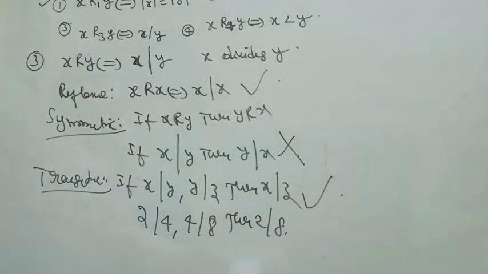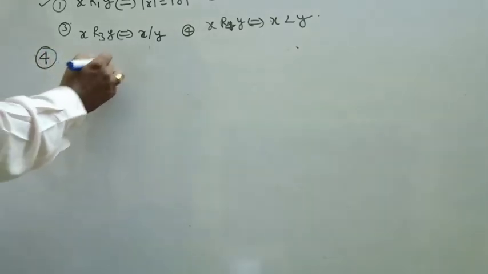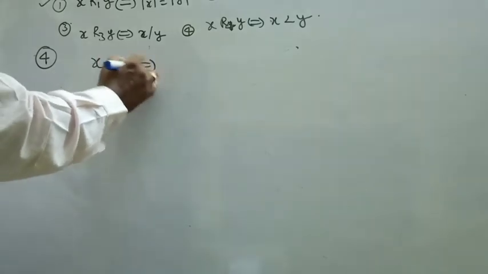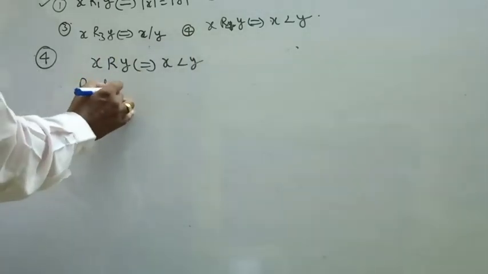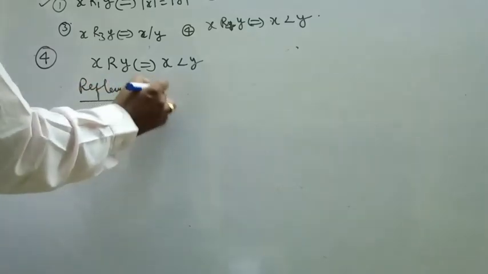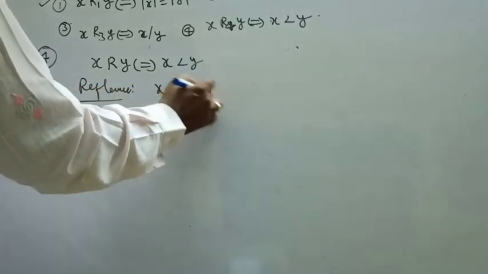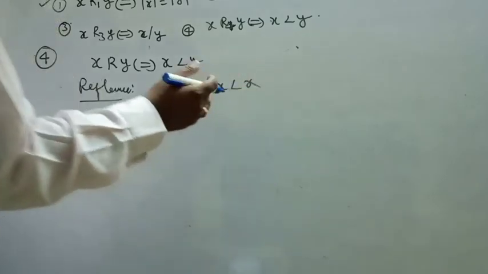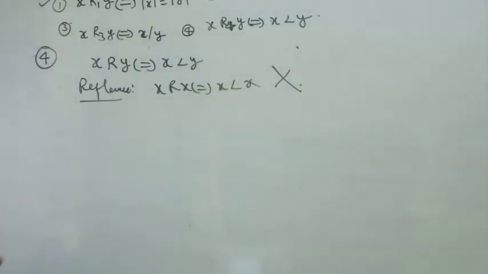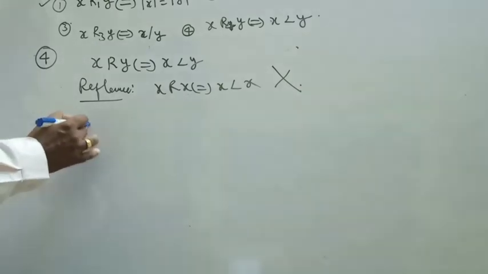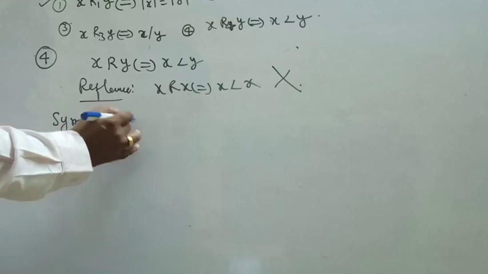Now, the fourth one, my dear students: X related to Y means X is less than Y. Let us check if this is reflexive. X related to X means X is less than X. Any number being less than itself is wrong in mathematics. That's why it is not satisfying reflexive. Next, symmetric.